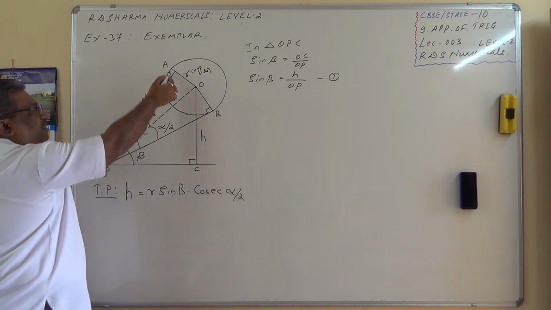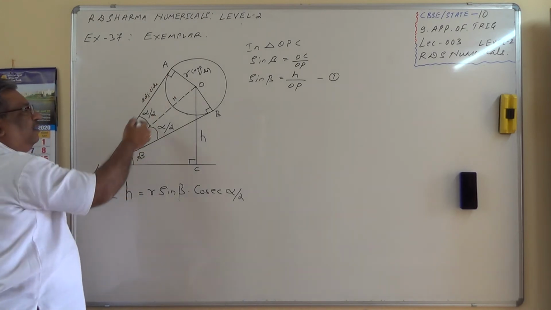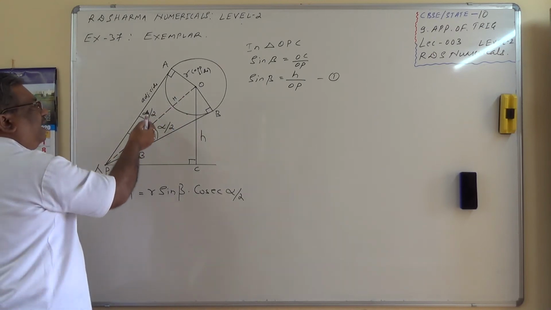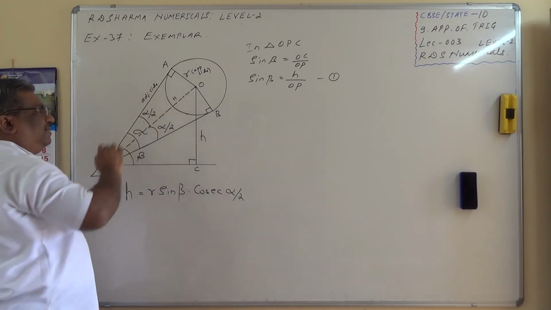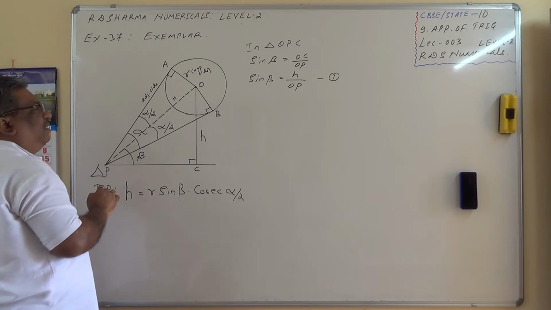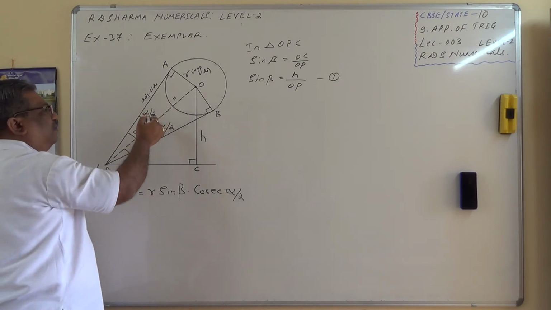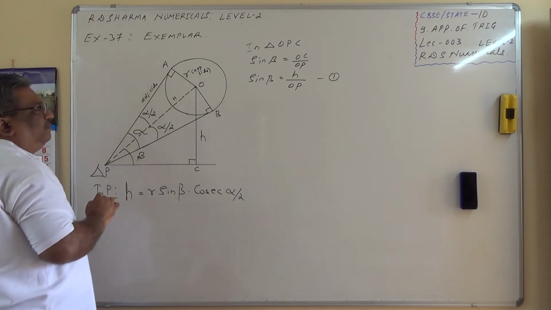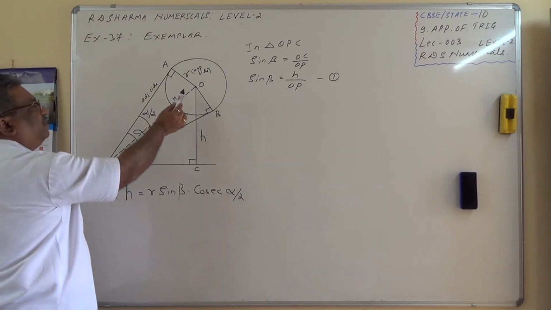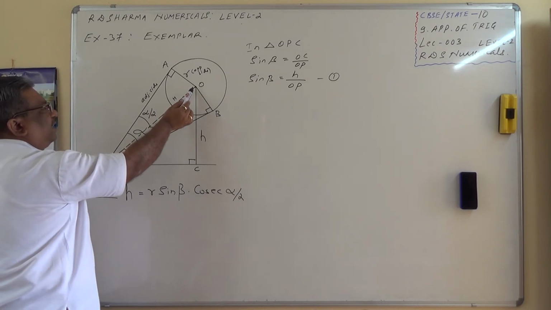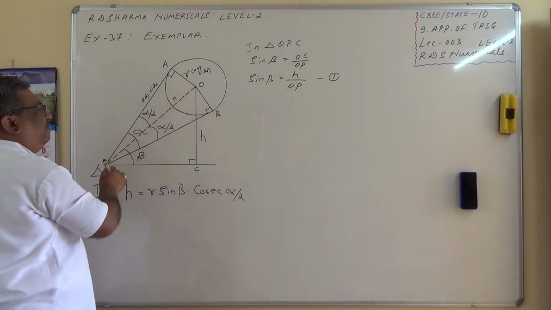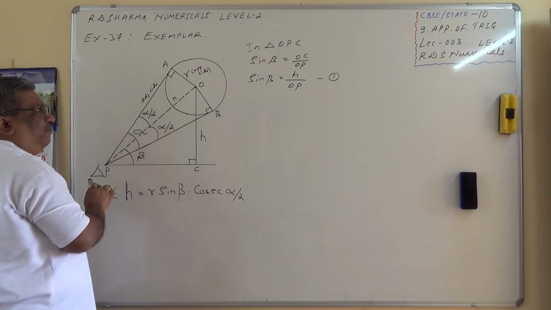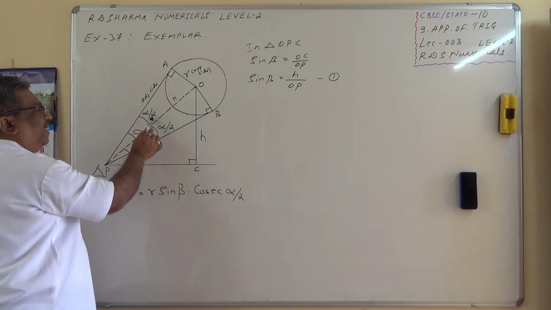Because this is a right triangle, opposite to the right angle is the hypotenuse, adjacent to alpha by 2 is the adjacent side, and opposite to the reference angle alpha by 2 is R. In right triangle OAP, the acute angle is alpha by 2.